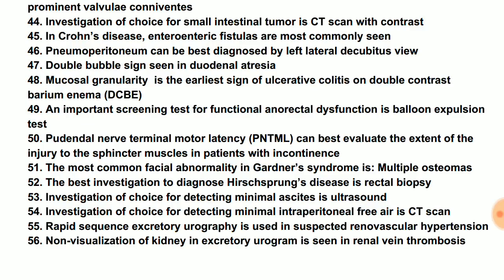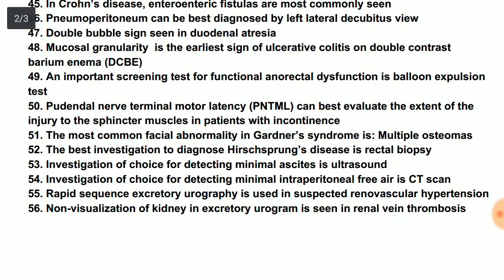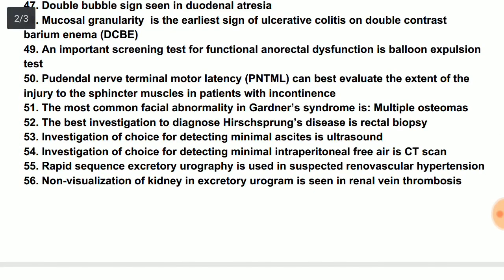An important screening test for functional anorectal dysfunction is balloon expulsion test. Pudendal nerve terminal motor latency, that is PNTML, can best evaluate the extent of injury to the sphincter muscles in patients with incontinence.